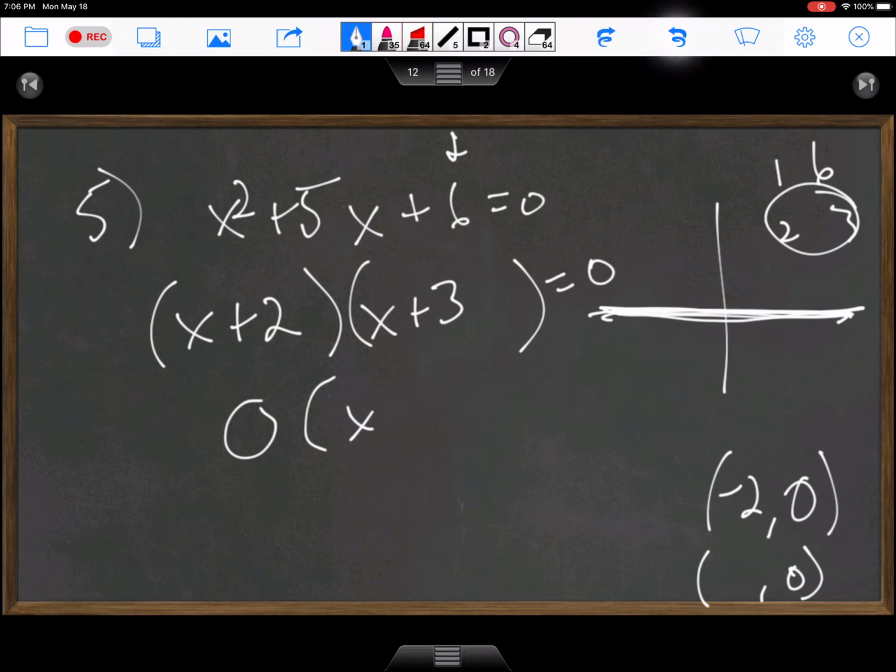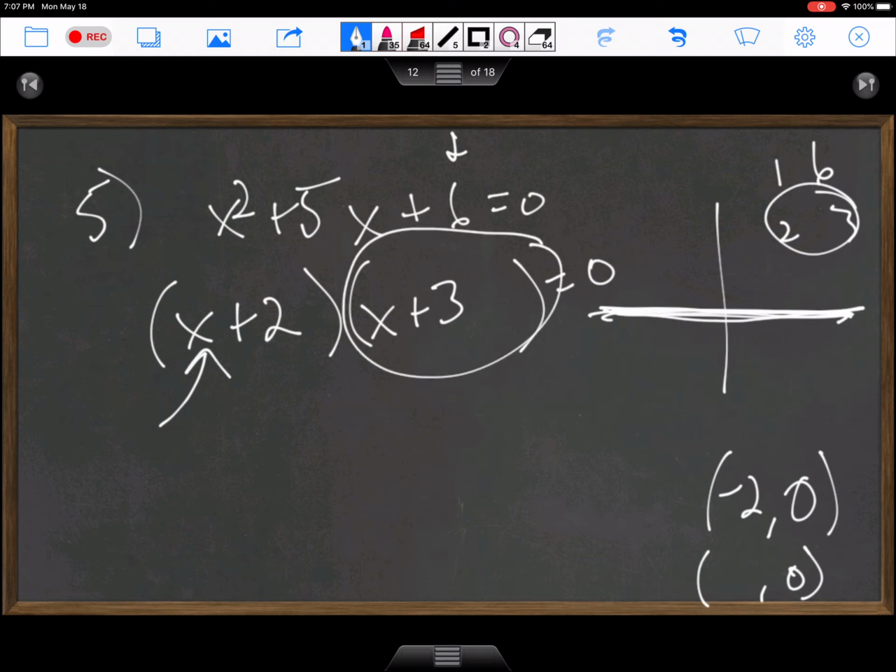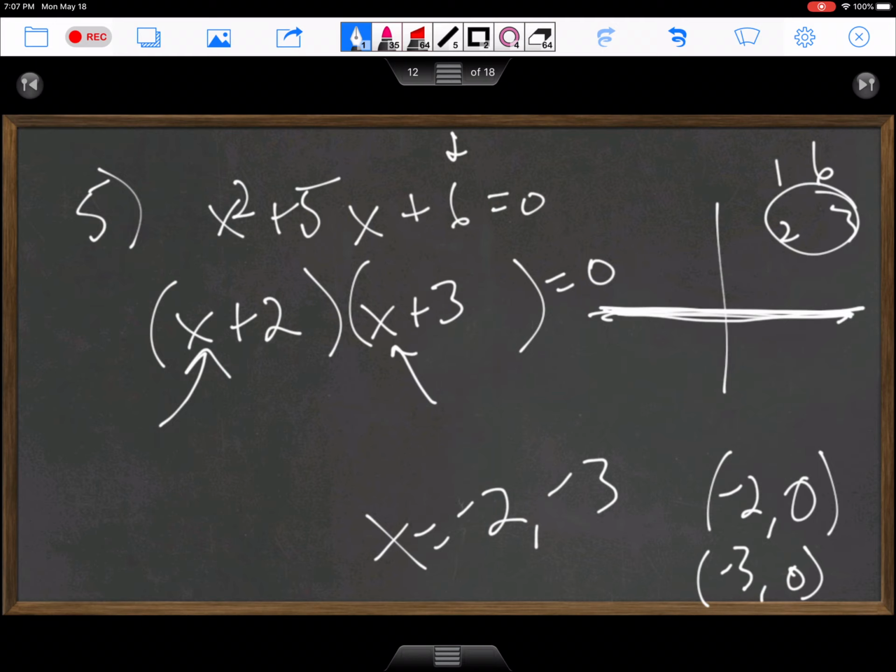So one way I satisfy this equation is by saying x is negative 2. I can also make this 0, and 0 times this equals 0. The way I make this 0 is by having that x be equal to negative 3. These are the 2 things that make this true. Either one makes it true. So my answer here would be x equals negative 2, negative 3.